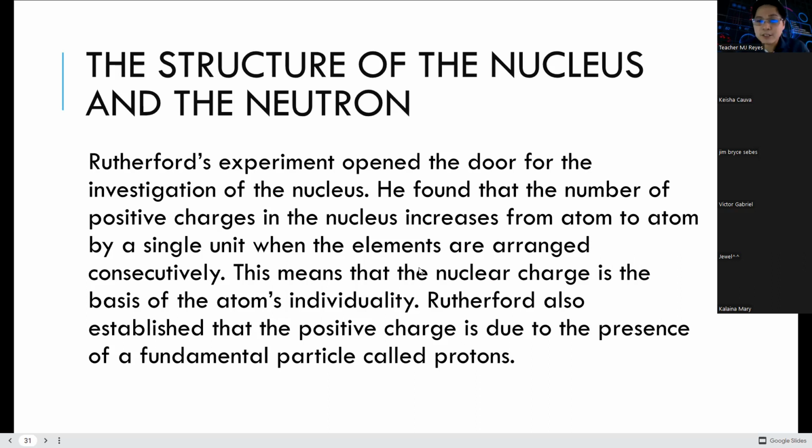This means that the nuclear charge is the basis of an atom's individuality. How individual the atom is, how separate the atom is, is because of its nucleus. So we can distinguish them based on their nucleus. Rutherford also established that the positive charge is due to the presence of a fundamental particle called protons.